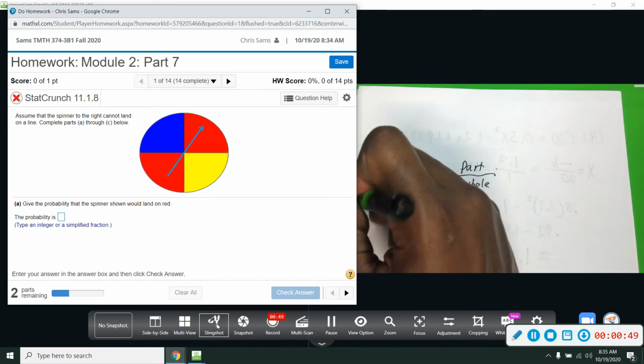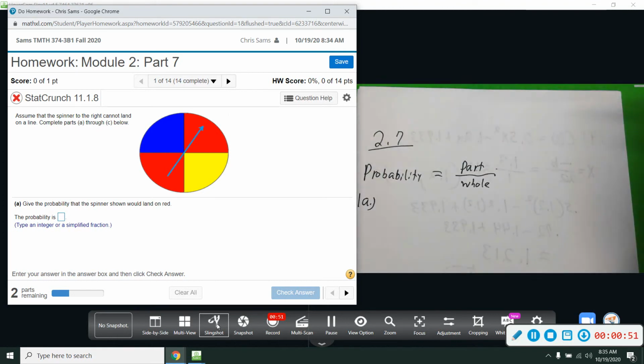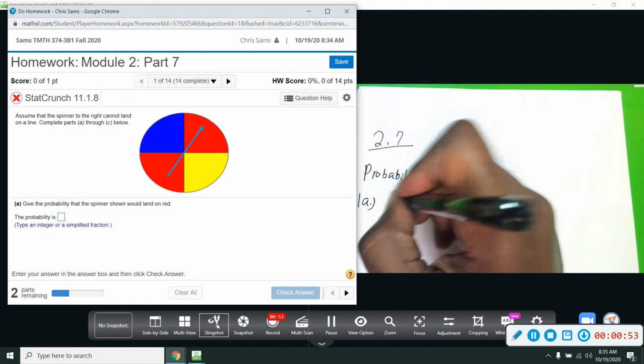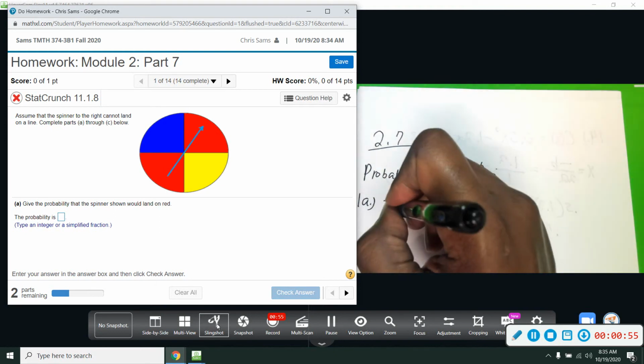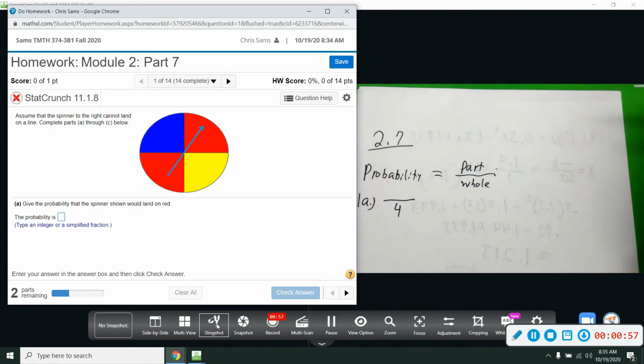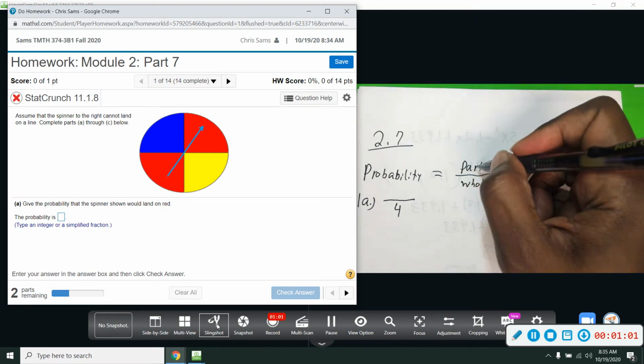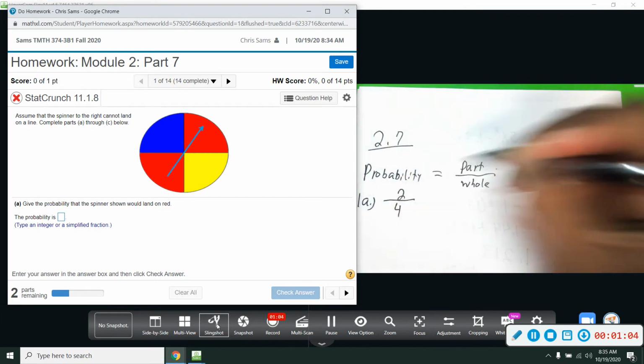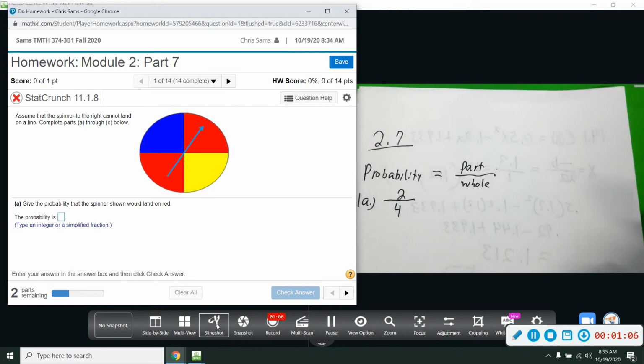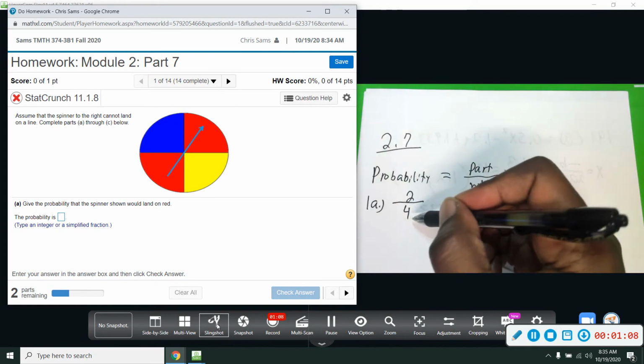All right, so in this case, for A, there are 4 sections. That's the whole. I'll try to figure out the whole first, the denominator. And the part that we're looking for is red. There's 2 parts that are red. So part over whole is 2 over 4.